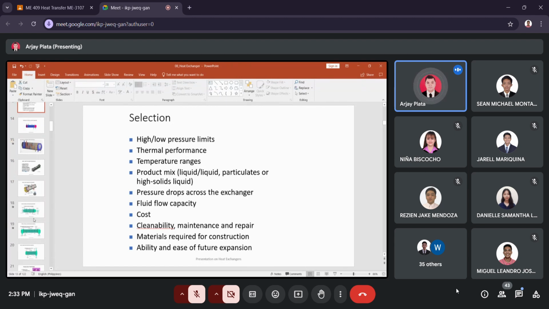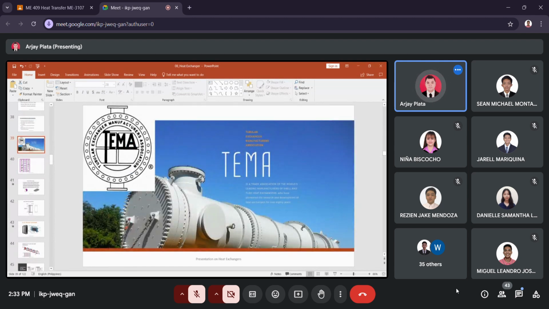We can check the standards for the heat exchanger, which is the Tubular Exchanger Manufacturers Association standard, or TEMA standard. It is a trade association of the world's leading manufacturers of shell and tube heat exchangers who have pioneered the research and development of heat exchangers for over 80 years.